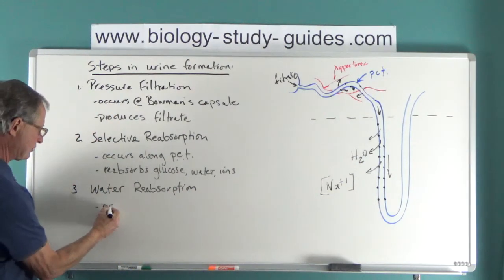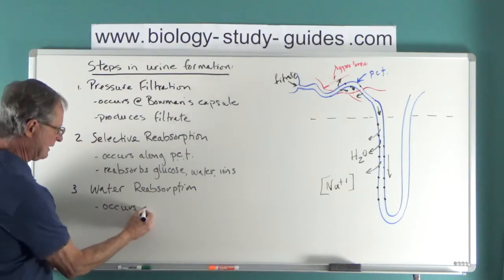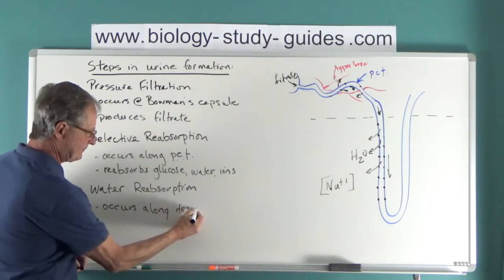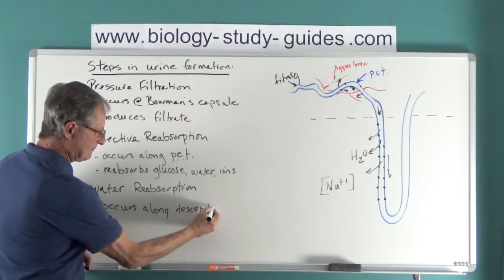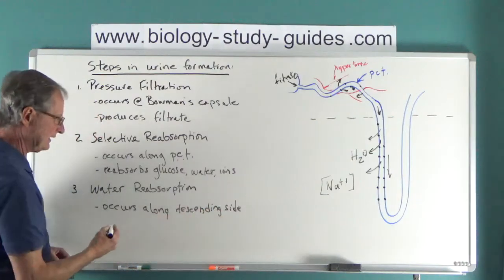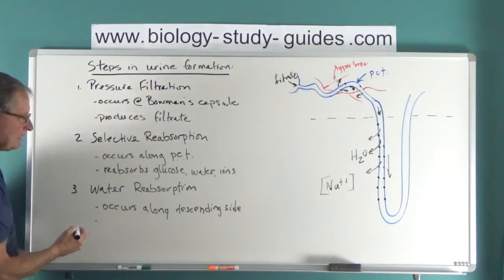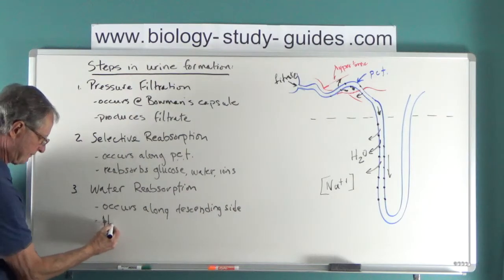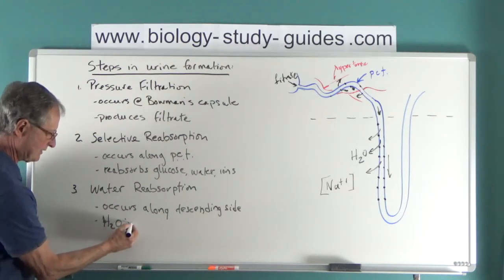So this occurs along the descending side of the loop of Henle, and it allows water into tissue spaces.